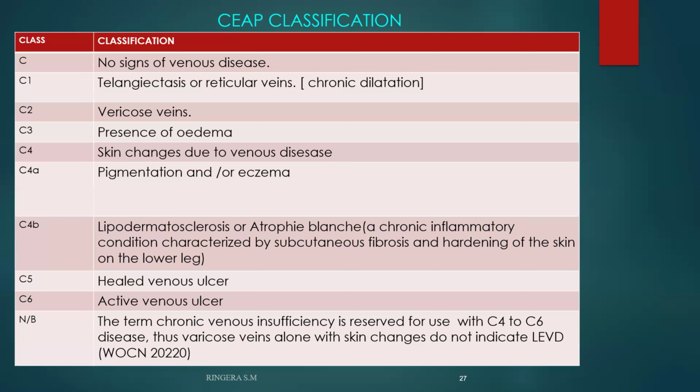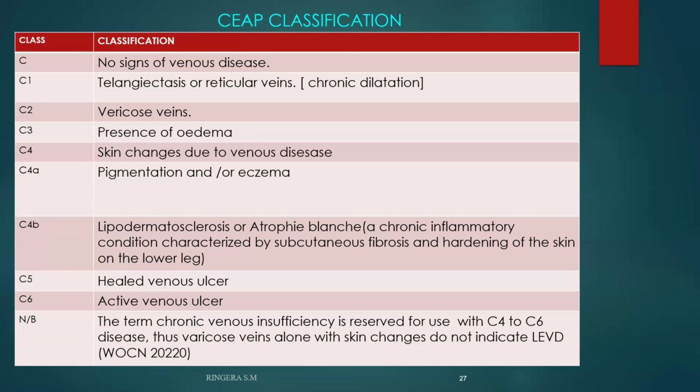C4 demonstrating skin changes due to venous disease, and C4a showing pigmentation and or scaling or dermatitis, venous dermatitis. C4b showing atrophie blanche, and C5 showing evidence of healed ulcers. C6 is a patient who comes with active venous ulceration.